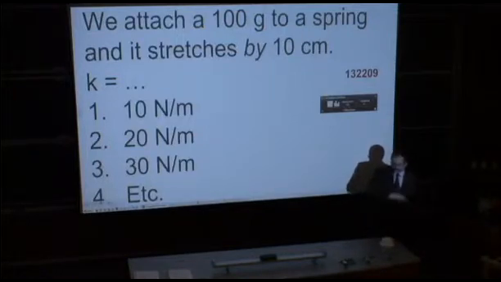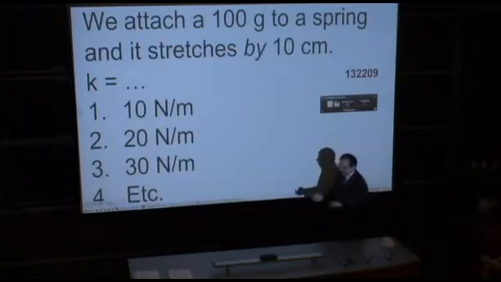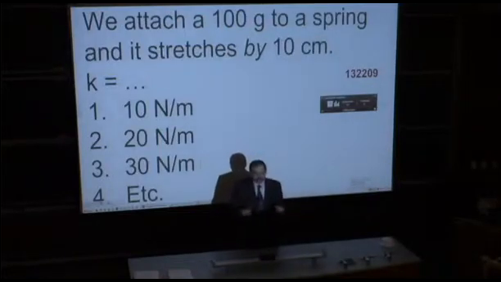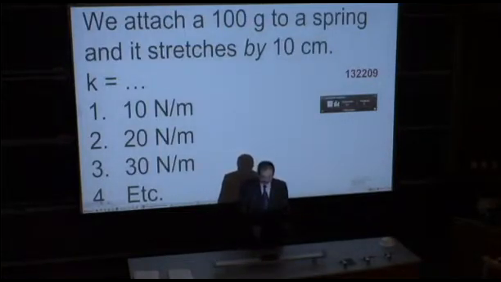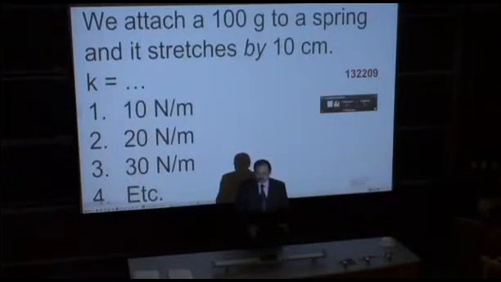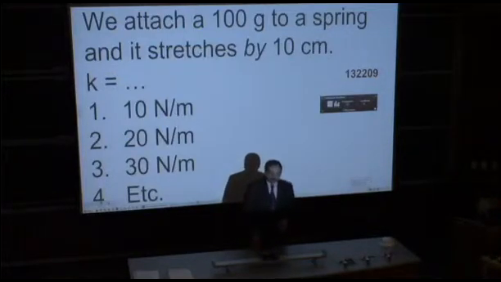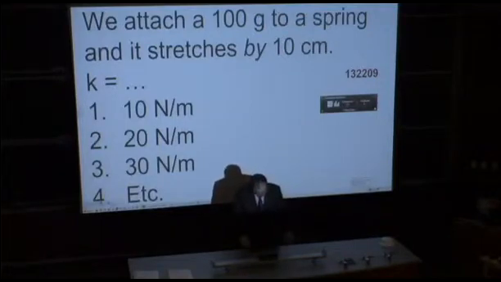So instead of doing that, we start from analyzing a horizontal motion, a spring attached to an object which can move with no friction, like this. If you're close enough, you can see that actually I have two springs attached to it.